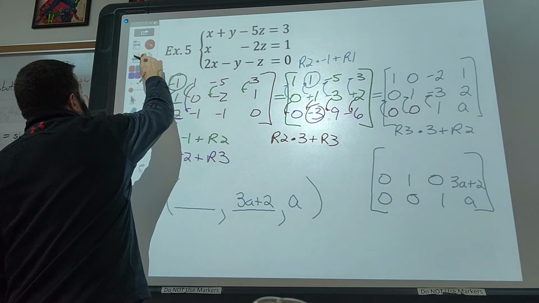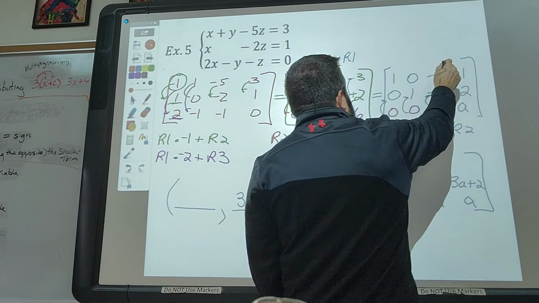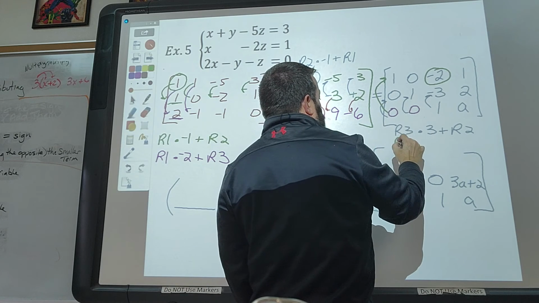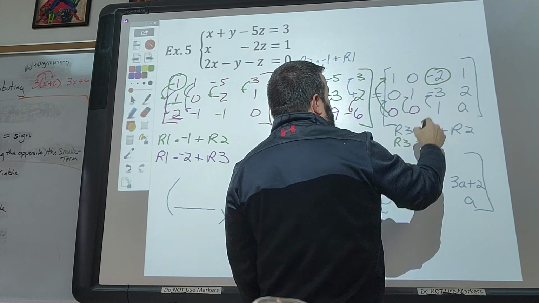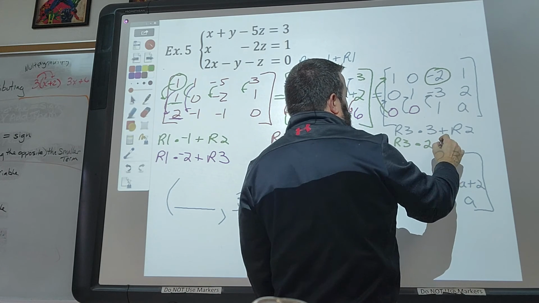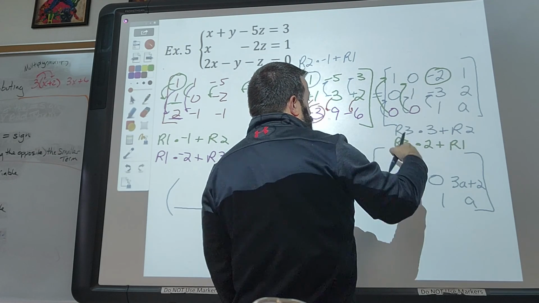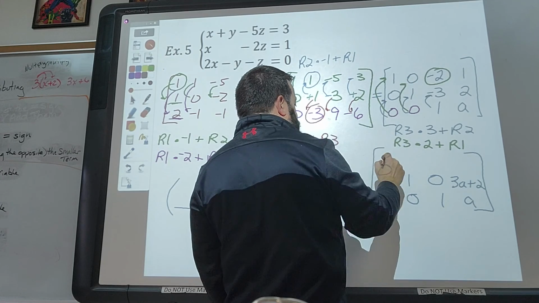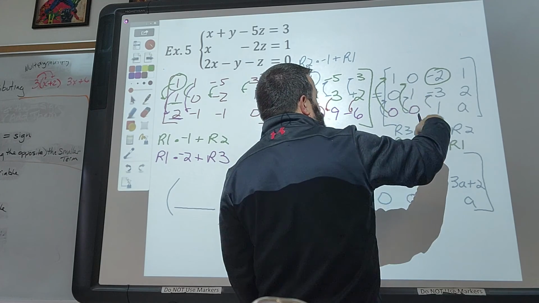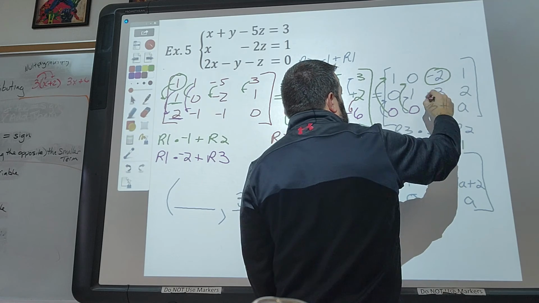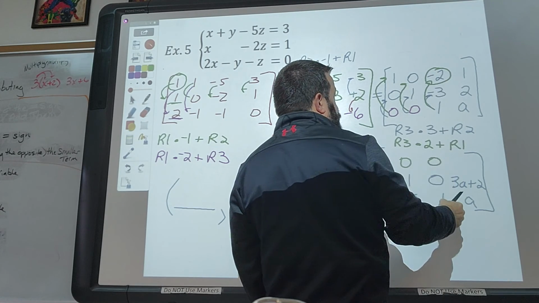Then I'm going to do the same thing to turn this 2 into a 0. So I'm going to take row 3 times the opposite of that, which is 2, and add it to row 1. When I do that, 0 times 2 plus 1 is still 1. 0 times 2 plus 0 is still 0. 1 times 2 plus a negative 2 is 0.